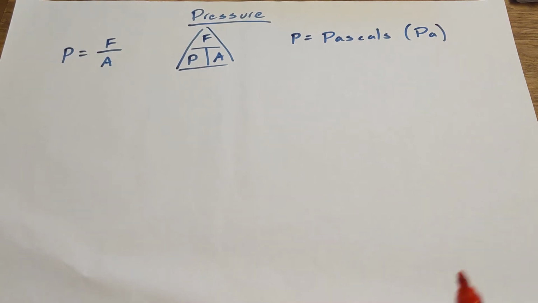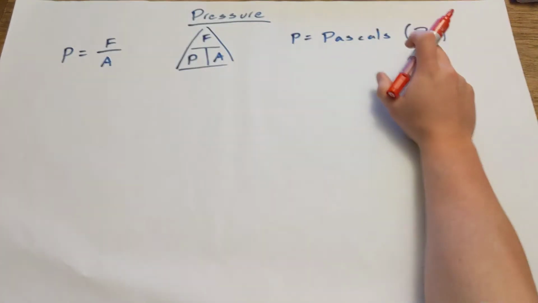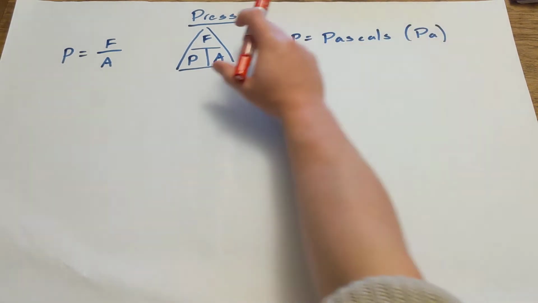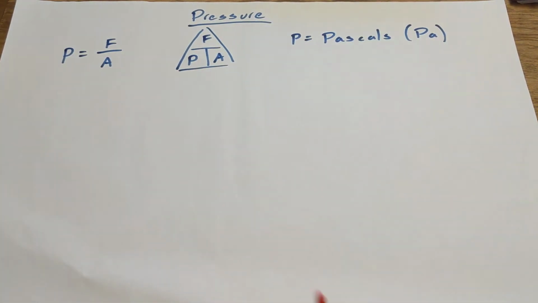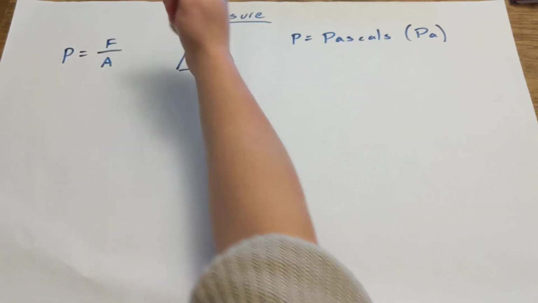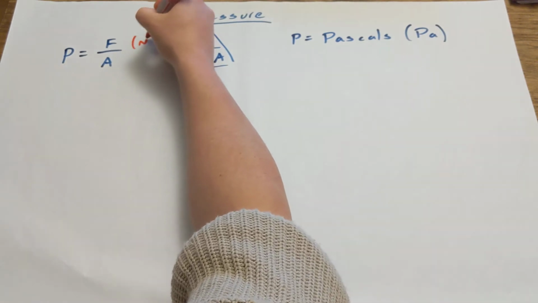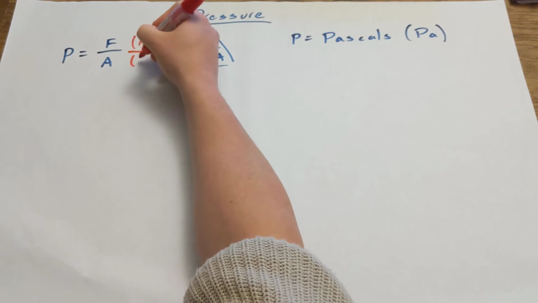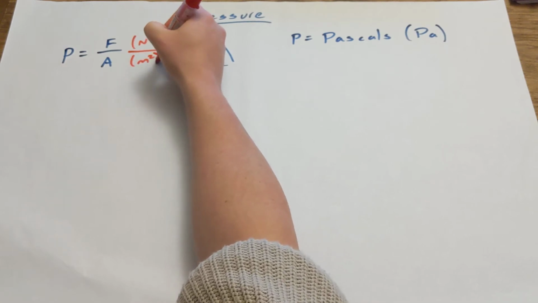As a little bonus though, you've seen before when you've looked at past papers, sometimes they like to ask you what other units you could use for things. So if we didn't use pascals, another unit we could use comes from the equation. Pressure is force, which we measure in newtons, divided by area, which we measure in meters squared.